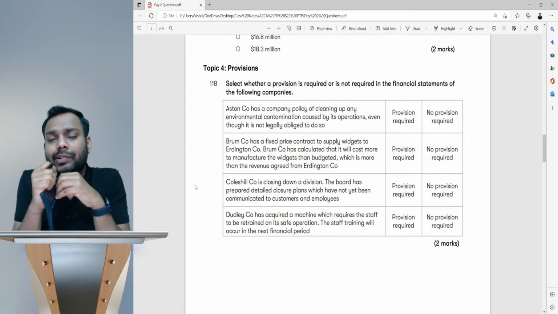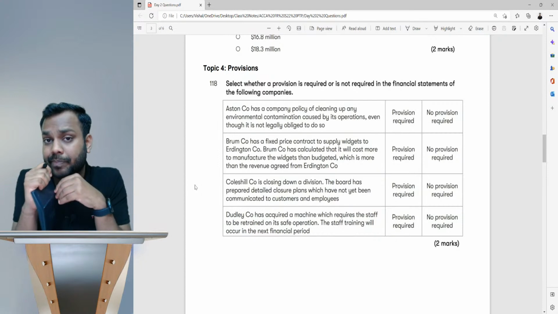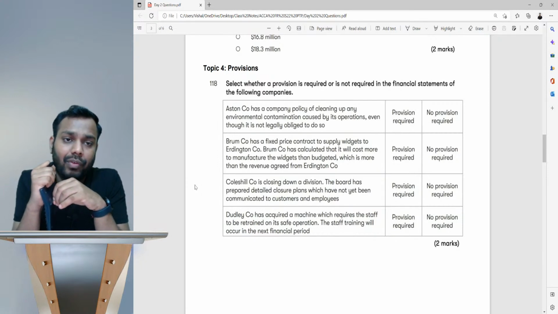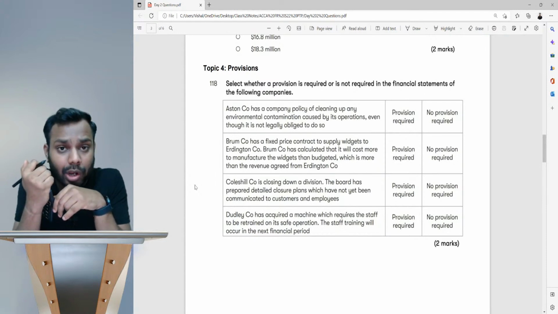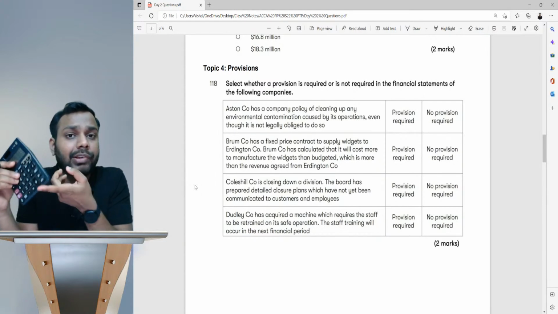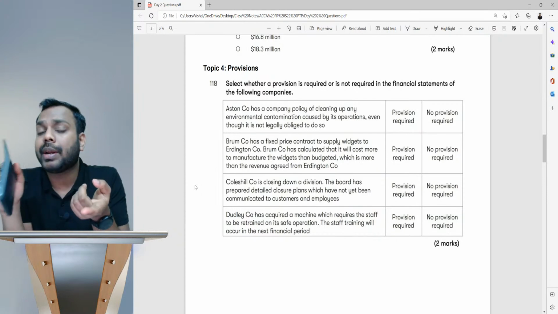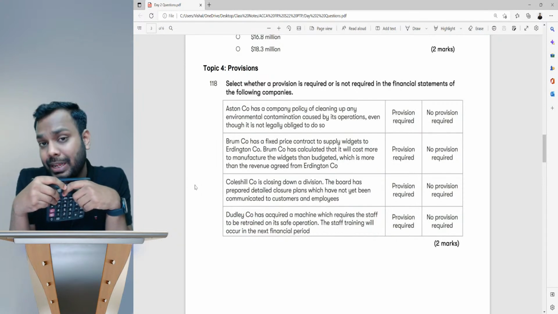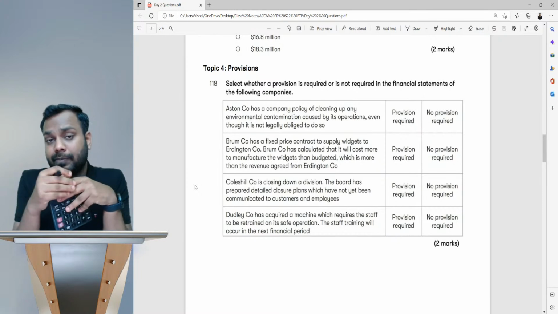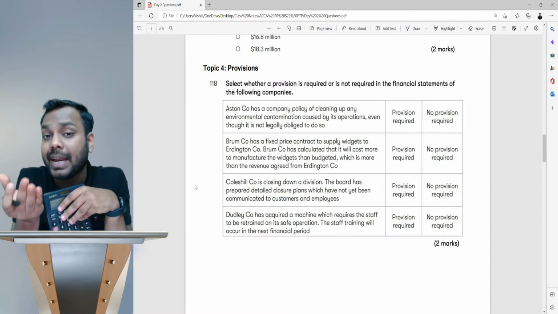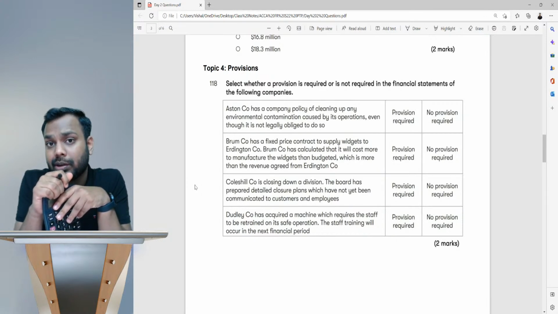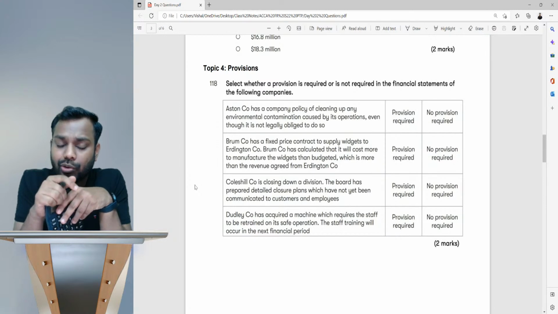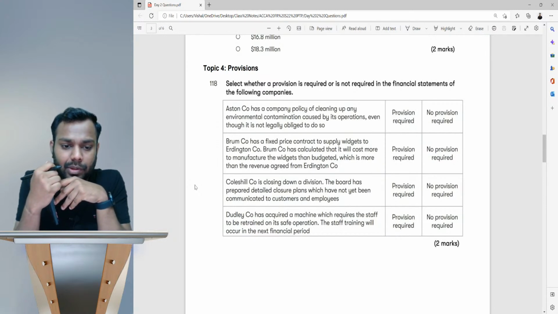Guys, we need to understand that for restructuring, we can recognize a provision for restructuring costs if the plan is duly approved and communicated to all the concerned or affected employees. Other than that, we cannot recognize a provision. Right? So in this case, we will not recognize a provision.